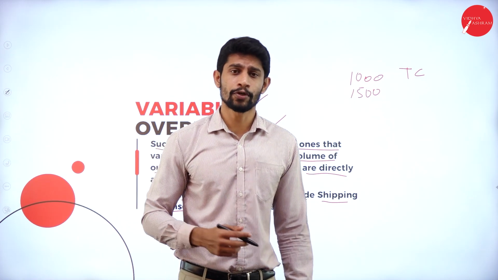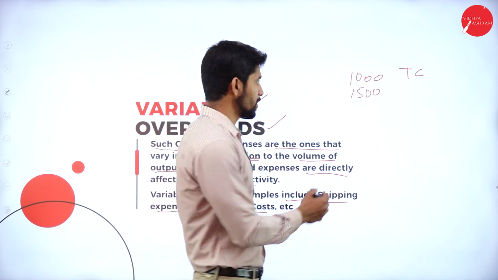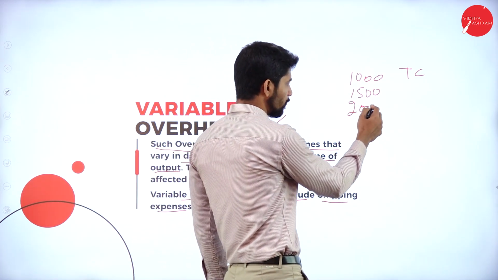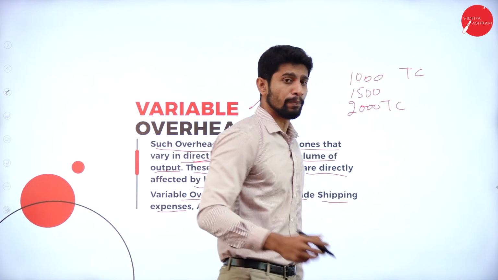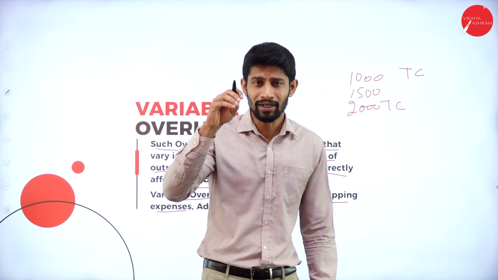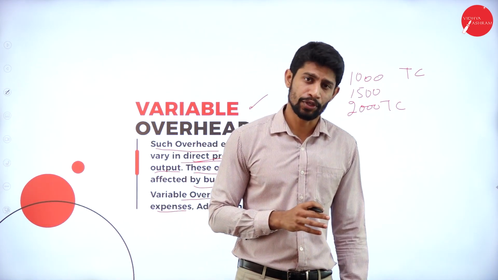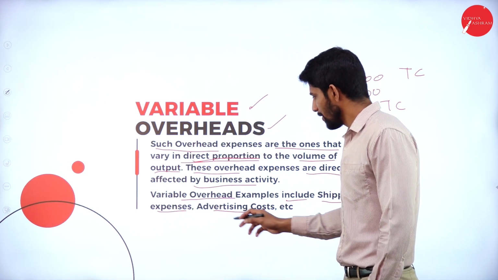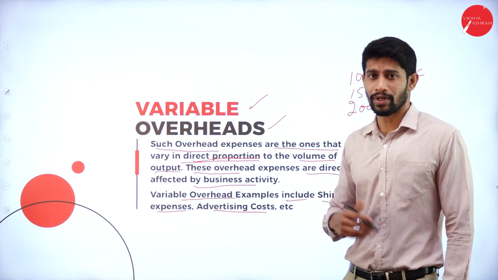If you are purchasing 3 to 4 tons of raw material, he might charge you 2000 rupees of transportation cost. So based on how much quantity of raw material you are purchasing, he will charge you the transportation cost. And advertisement cost.